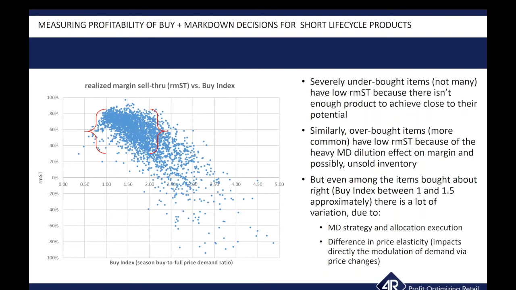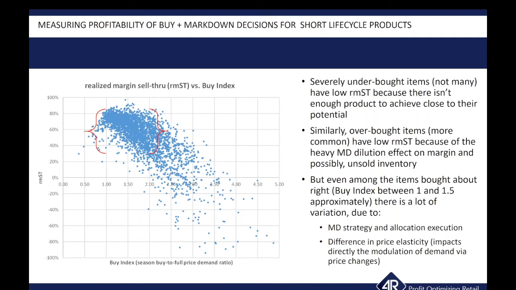Once again, the realized margin sell-through has an upper bound of 100%, where 100% would be when we buy perfectly and we execute a perfect allocation and a perfect markdown strategy, which is a very unusual trifecta of factors to get right to begin with. But even 80 or 90 or high 90% is to be considered a very strong performance.